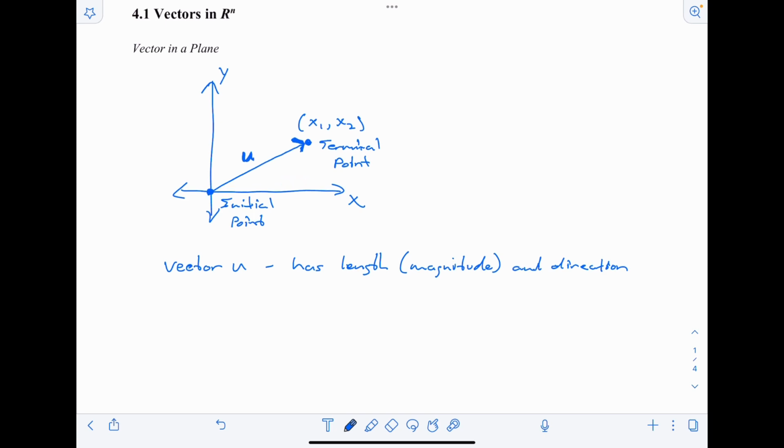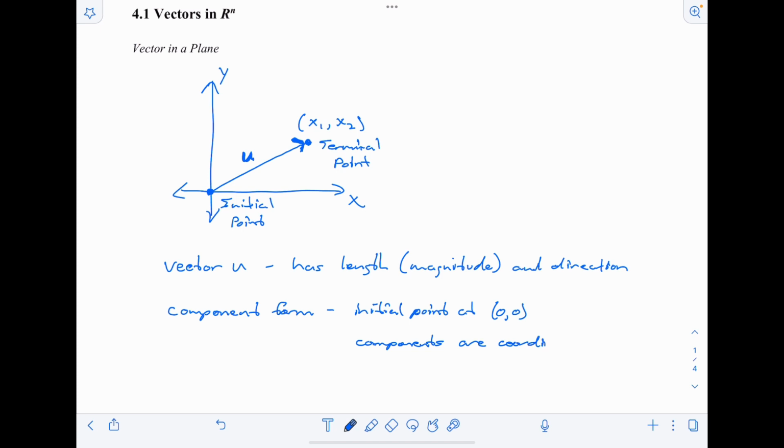As I mentioned, this vector is in what we call component form. And component form just means that we have the initial point at the origin, so the initial point at 0, 0. And then the components are the coordinates of the terminal point.